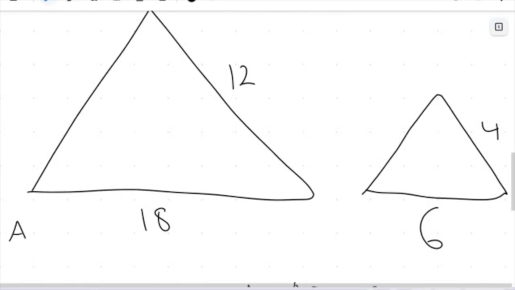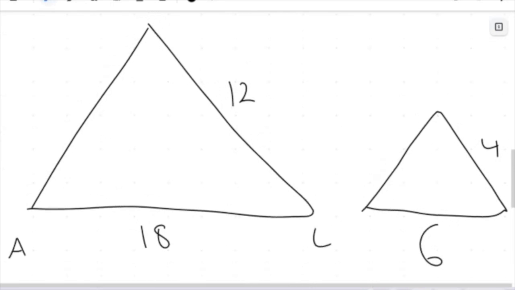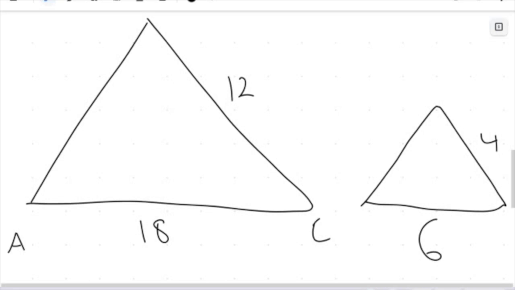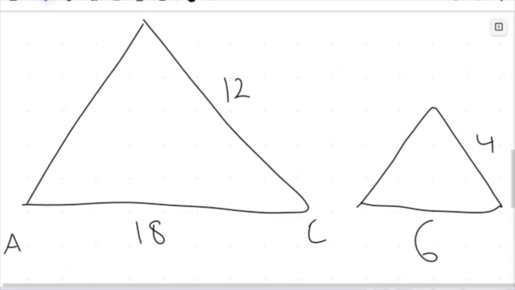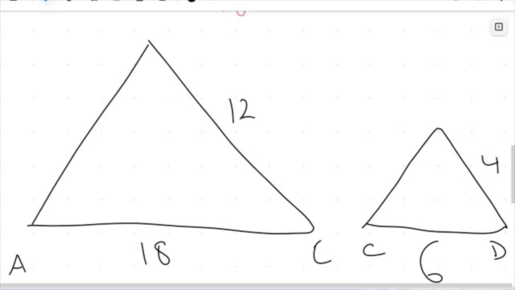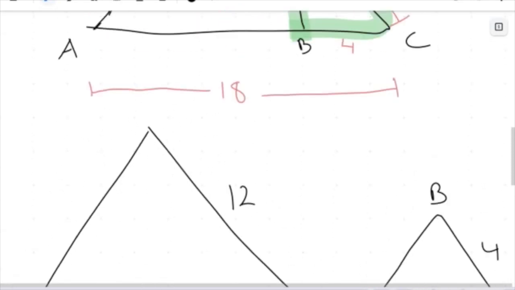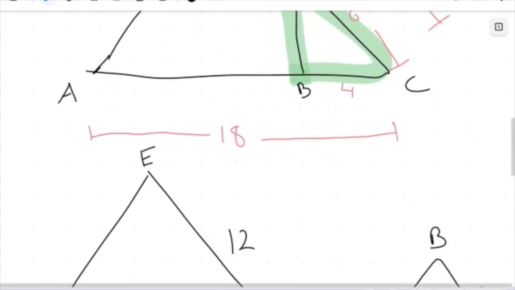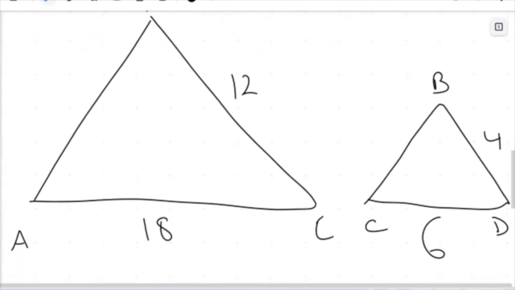Now, sorry, I should have actually labeled these here. So that's AC, and this thing here is DC, and I have B and E. Okay, this is going to be a lot easier to work through now.